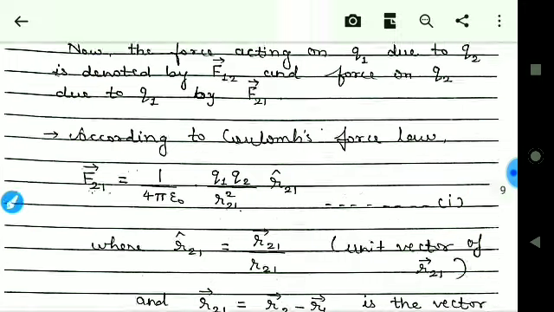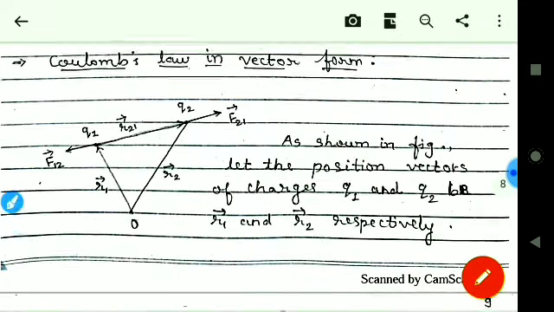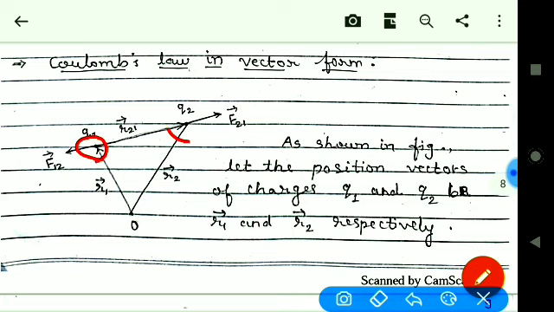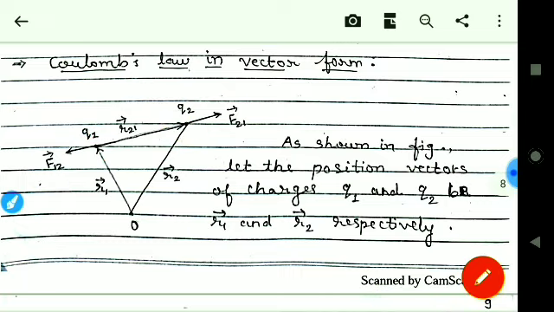Similarly, we can also find the equation of force acting on the first charged particle due to the second charged particle, and that is represented by F12, that is force on 1 by 2.